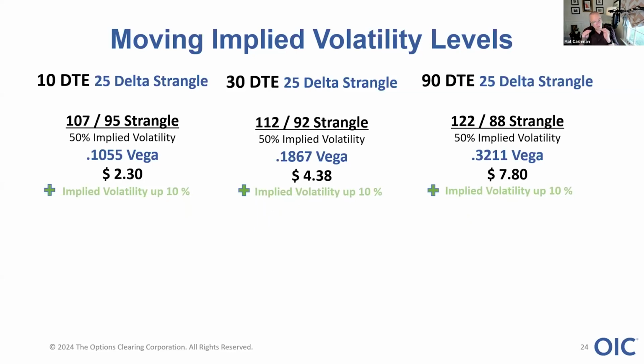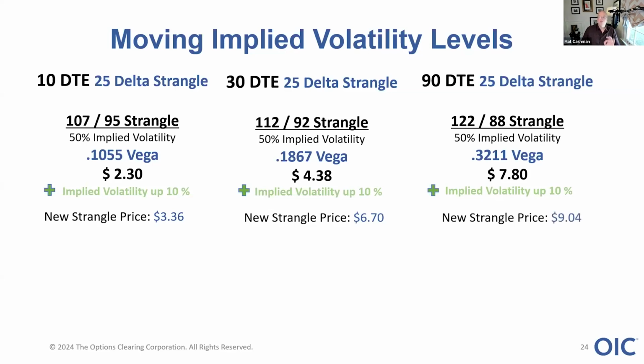We're going to take vol from 50 up to 60, and we're going to look at what these actual strangles look like when you move them. The new price of the 10-day strangle is $3.36. The new strangle price on the 30-day strangle is $6.70, and the new strangle price on the 90-day strangle is $9.04.